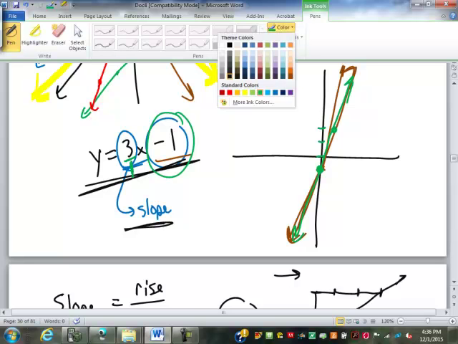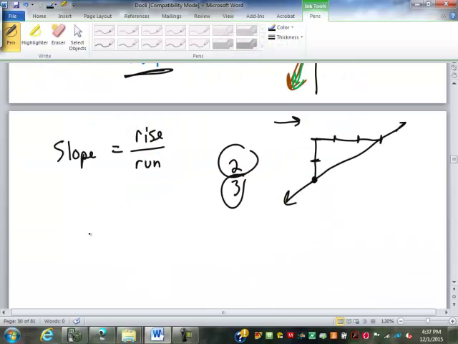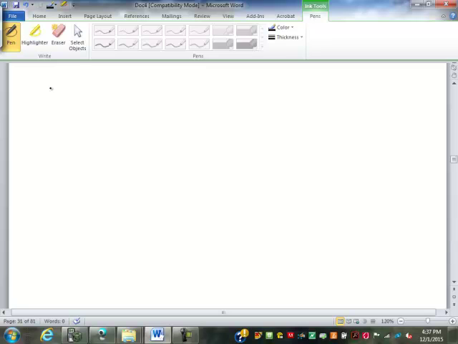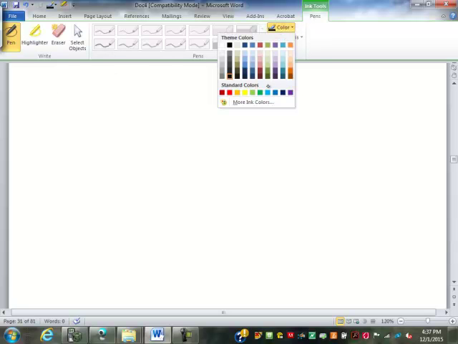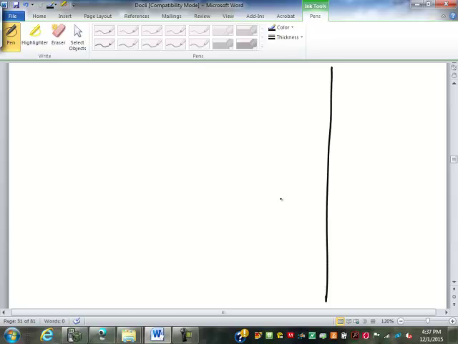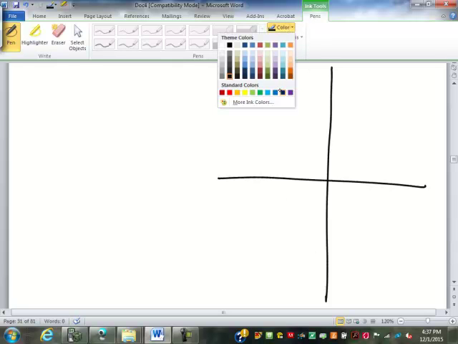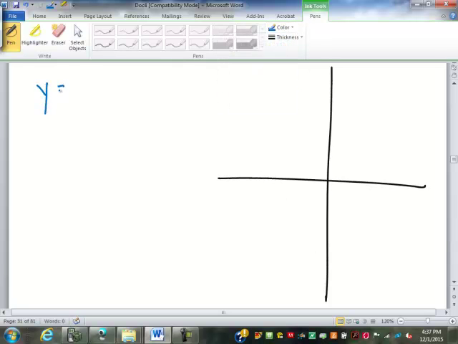So let's take a look at some examples. Y equals 3/4 x plus 2. Where are we going to start?